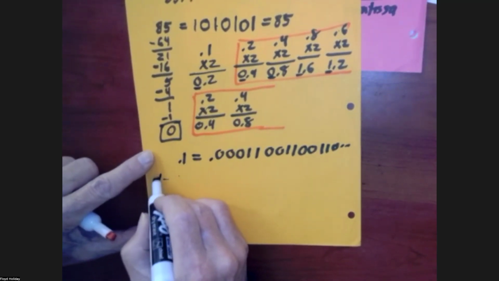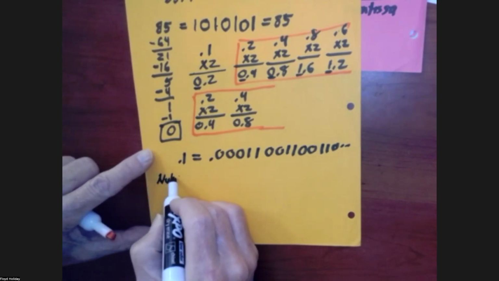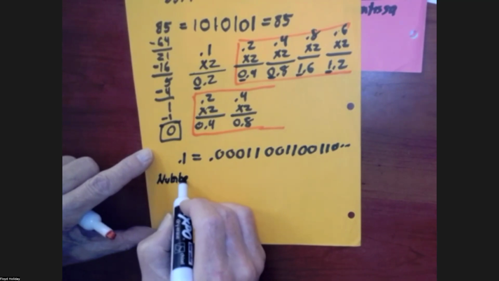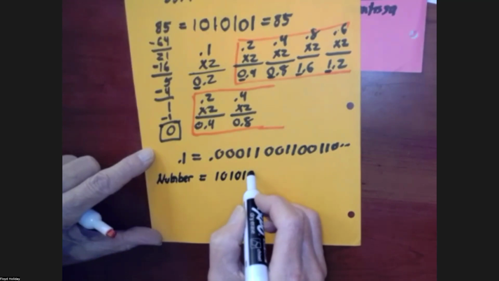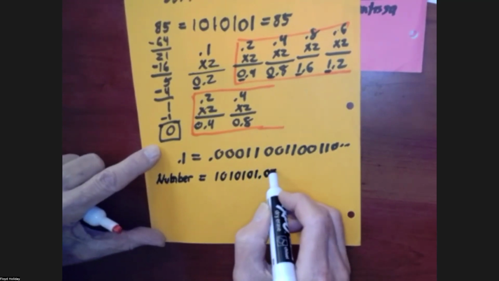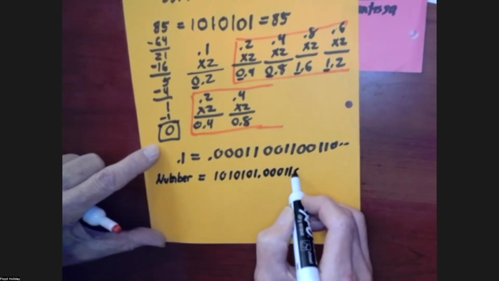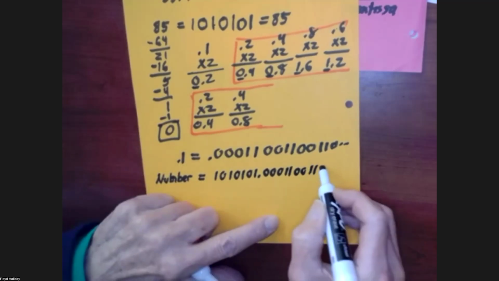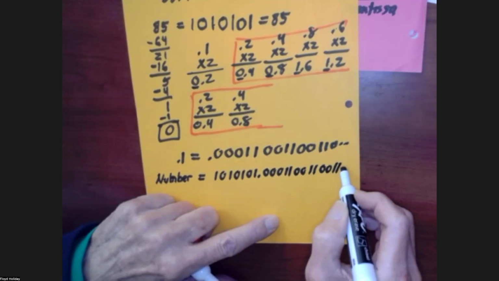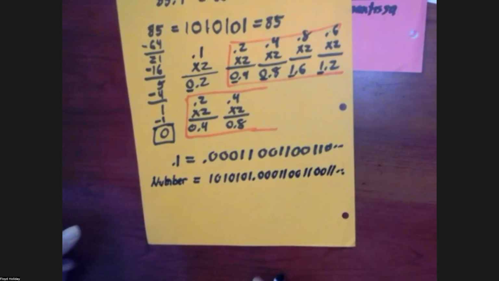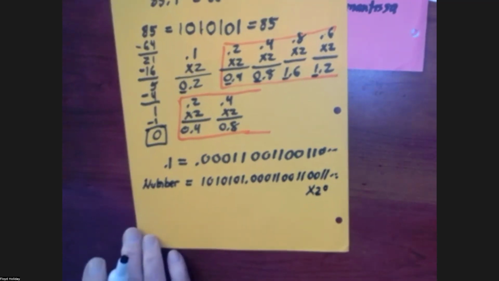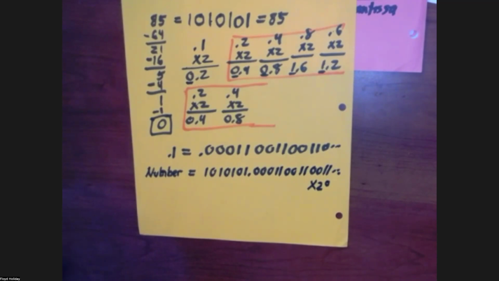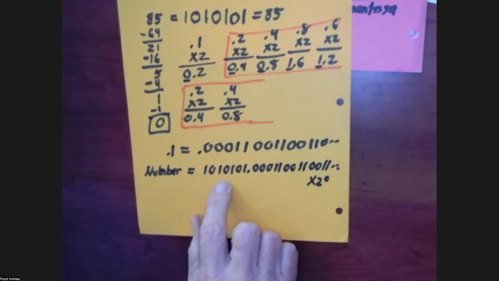The number equals 1010101.00011001000 times 2 to the 0. There's the expression, but it's not scientific because the left side of the dot can only have one digit.